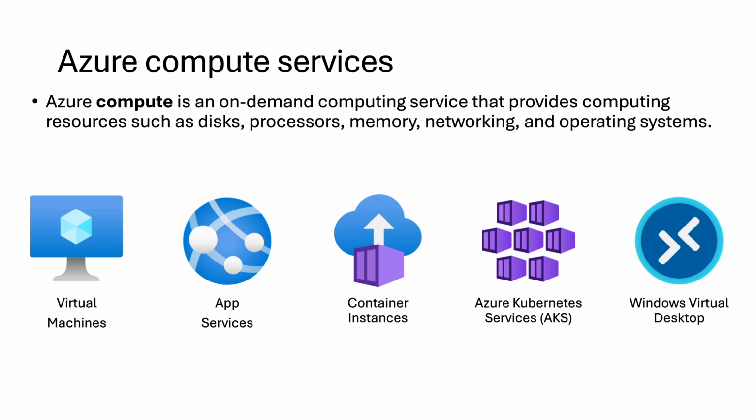You can see some of the compute resources from the diagrams: virtual machines, app services, container instances, Azure Kubernetes Service, and Windows virtual desktops. All these have disks, processors, memory, networking, and operating systems underlying.